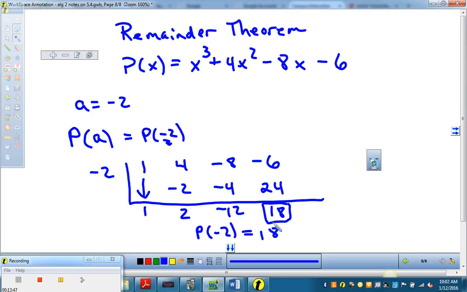I don't know if it's any quicker than plugging it in, but I think it is less error prone. When people plug in and have to raise to a power, especially a negative, they make little errors in adding and subtracting. So you can plug in negative 2 here and get 18, or you can do it with the remainder theorem and synthetic division. Okay? All right. Let's take a look at what your homework is.